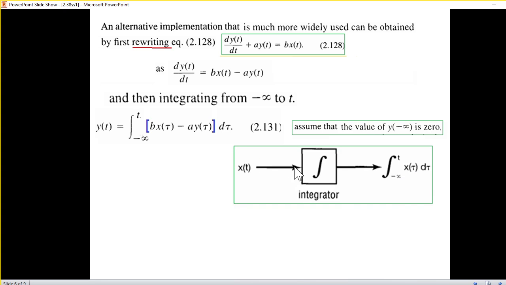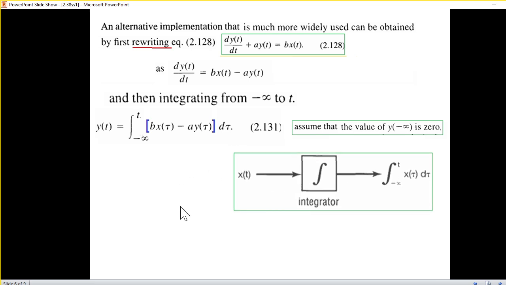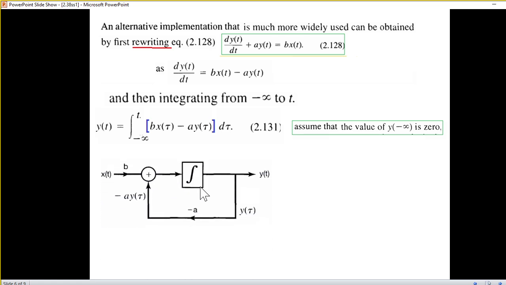And so this can be implemented, or any integrator can be implemented as x(t), the integrator circuit. So the output will be the integral from minus infinity to t of x(tau) d tau. So we'll follow this here. So in this case also, now we have the x(t) input multiplied by b, so b x(t), and then plus minus a y(tau).